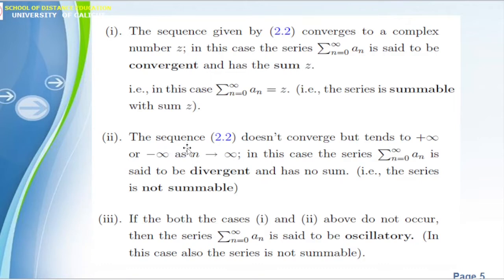And if the sequence of partial sums doesn't converge but tends to plus infinity or minus infinity, then we can say that the series is divergent and it has no sum. If in both cases the series does not converge and does not diverge, then we can say that the series is an oscillating series.